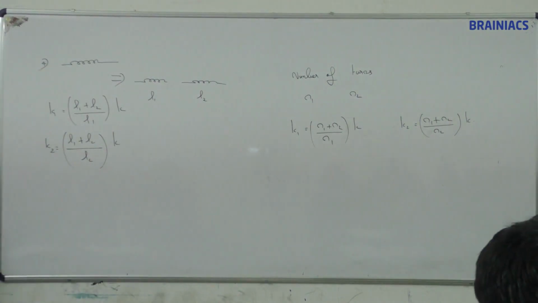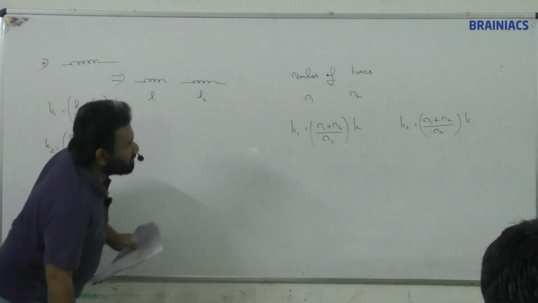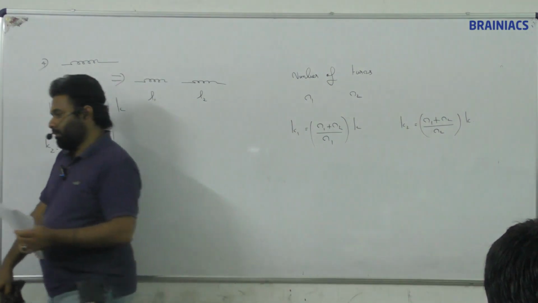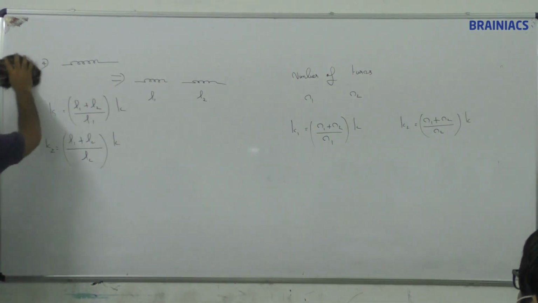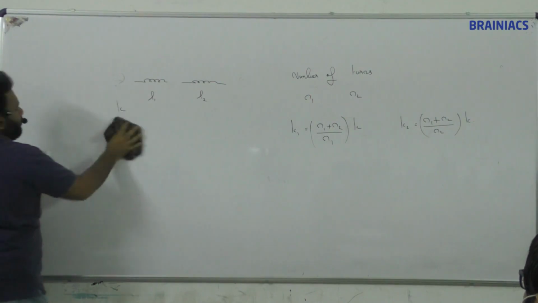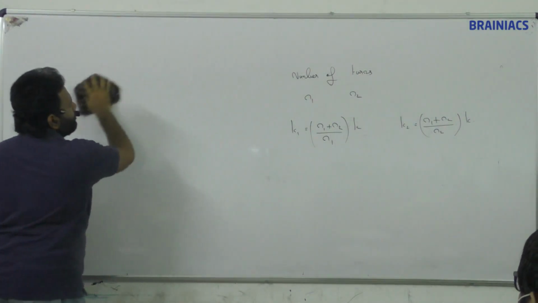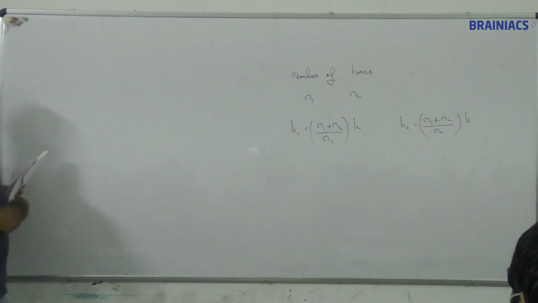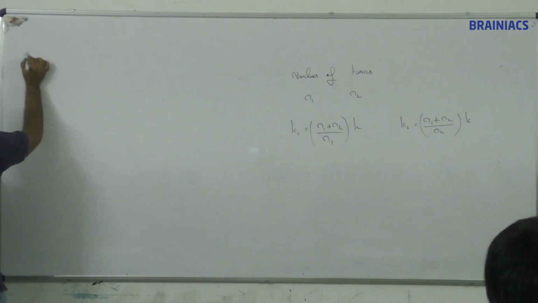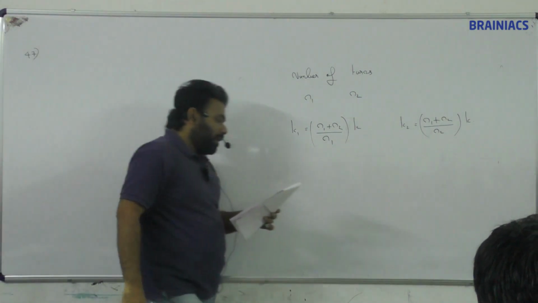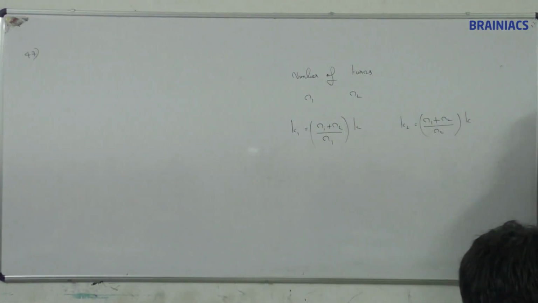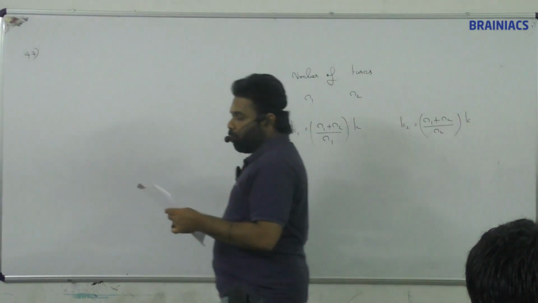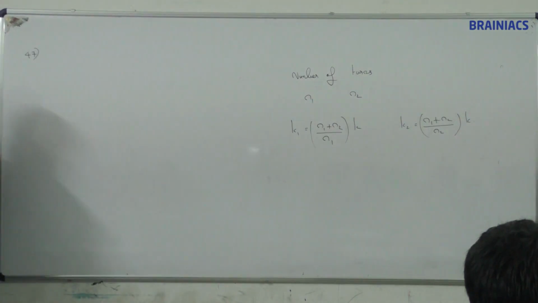Okay, done. So which problem next? Problem number 47. Question number 47: A spring of force constant K is cut into 2 pieces such that one piece is double the length of the other.